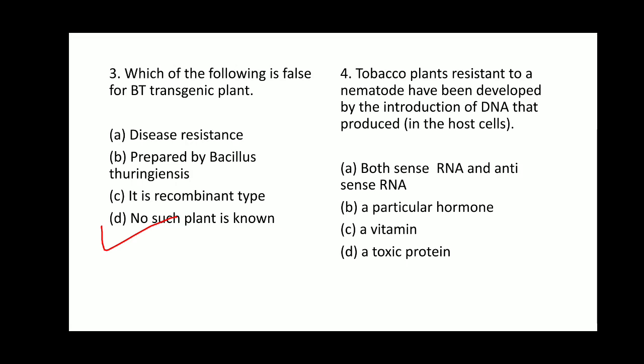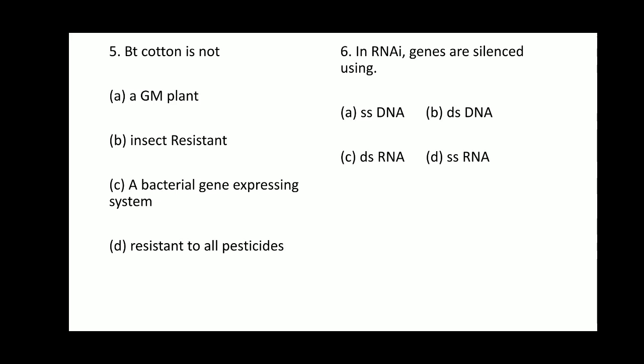So we are introducing the DNA, that is, the genes specific to the parasite nematode, in the plants in such a way that it is going to generate both sense RNA and antisense RNA. Since they are complementary to each other, they are going to form double-stranded RNA, and double-stranded RNA is going to initiate the RNA interference pathway.